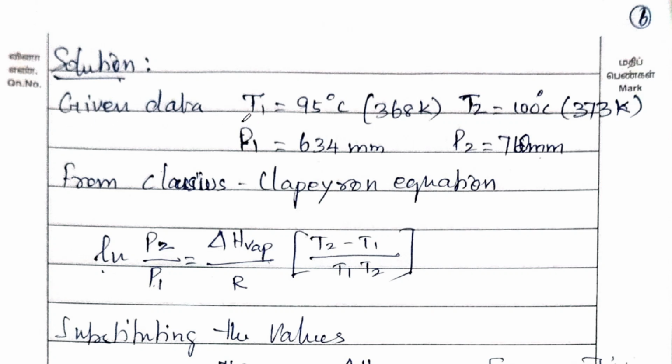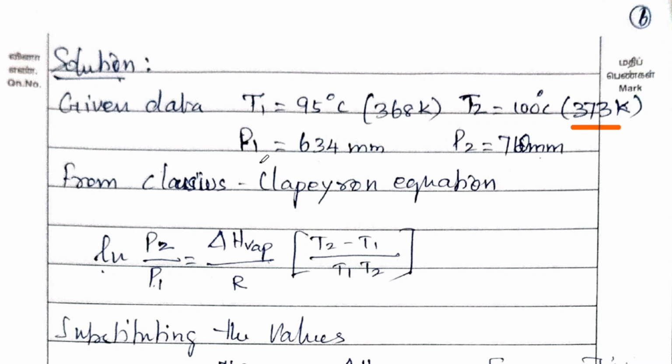We take the given data. Temperature T1 is 95 degrees Celsius, and we convert that into Kelvin by adding 273 to this 95, we get 368. Another temperature given is 100 degrees Celsius, which we convert into Kelvin, that is 373 Kelvin.